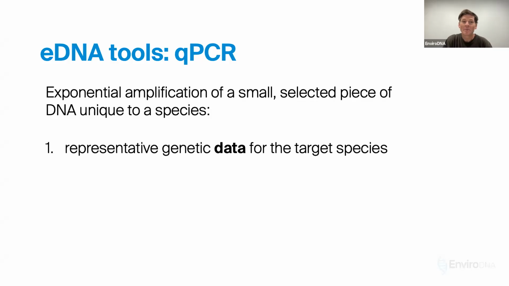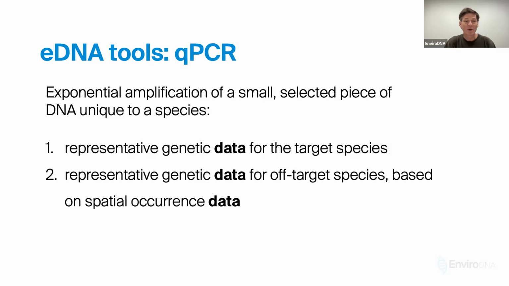So that is true, but it requires representative genetic data for the target species to make this assay. And even defining what is representative for a given target species may be difficult, and that itself requires data. We require representative genetic data for off-target species, and so that assumes some knowledge of the phylogeny and assumes also that we can define what is relevant off-target species.